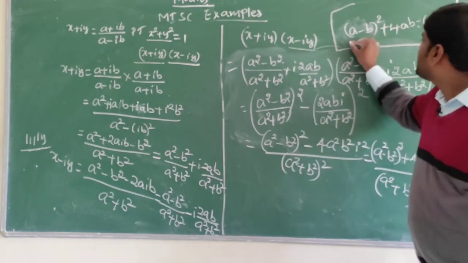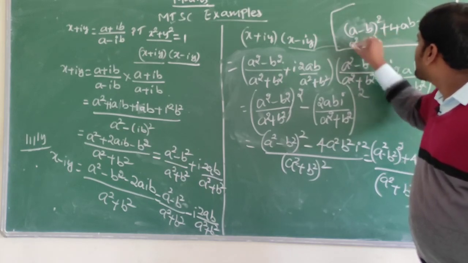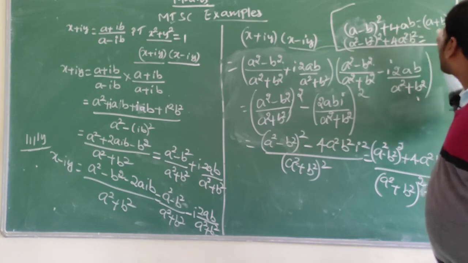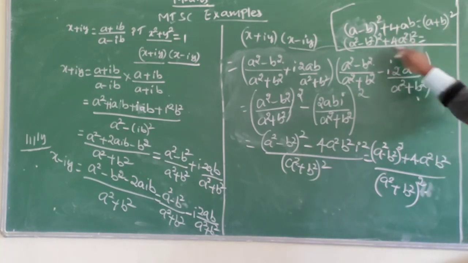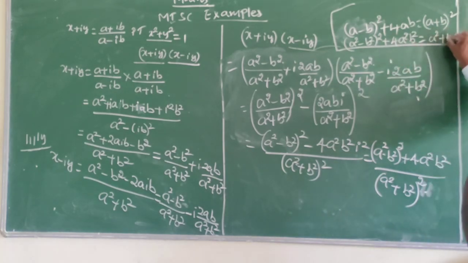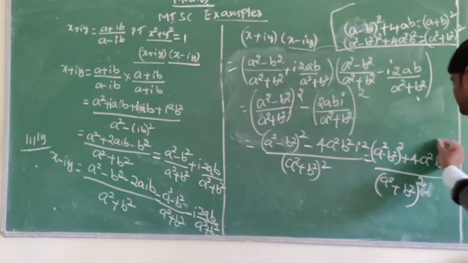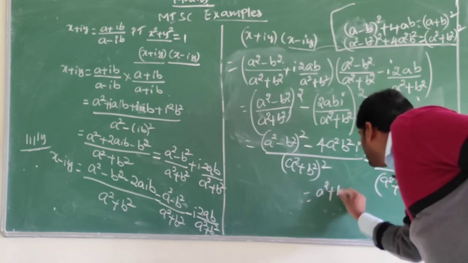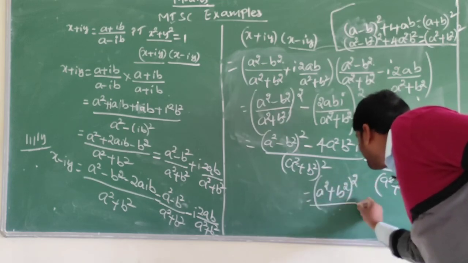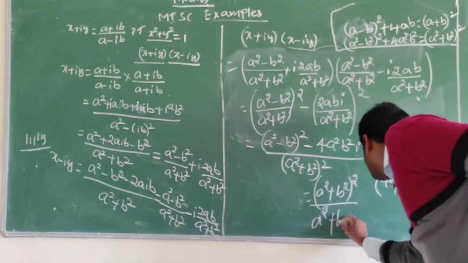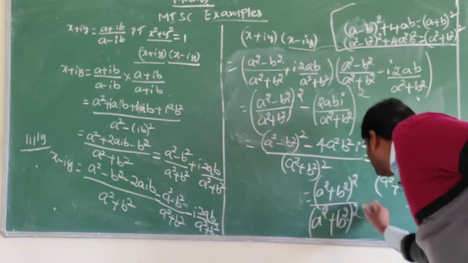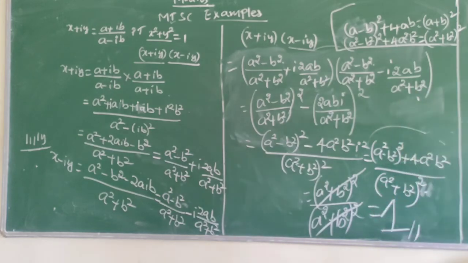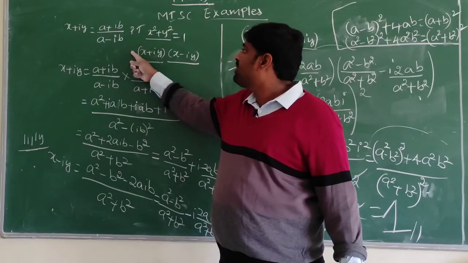That means (a square minus b square) whole square plus 4 a square b square equals (a square plus b square) whole square. This whole term can be written as (a square plus b square) whole square divided by (a square plus b square) whole square. This cancels and is equal to 1. Okay, this is done as a short question.